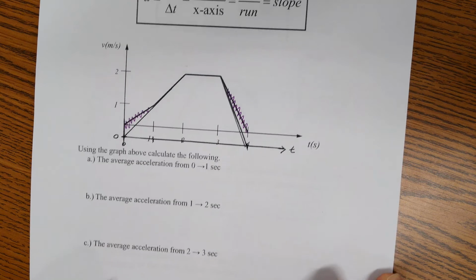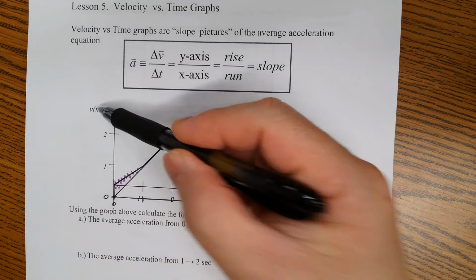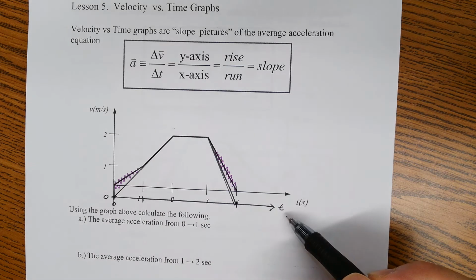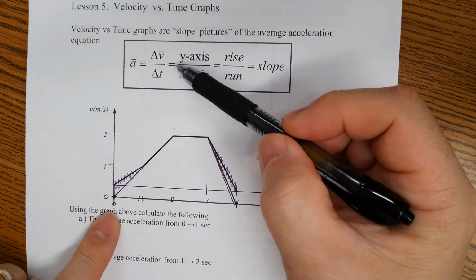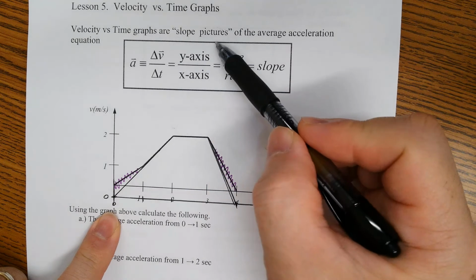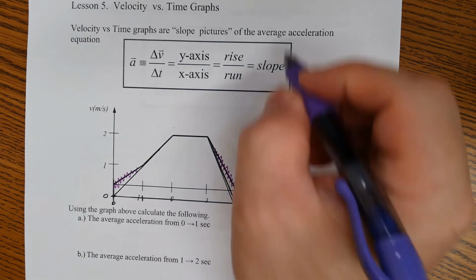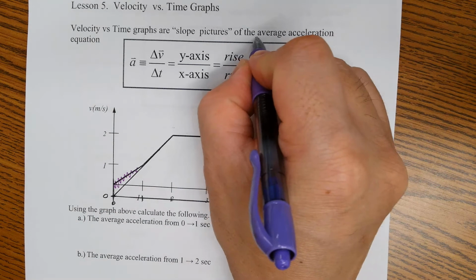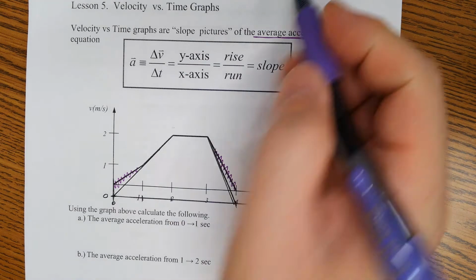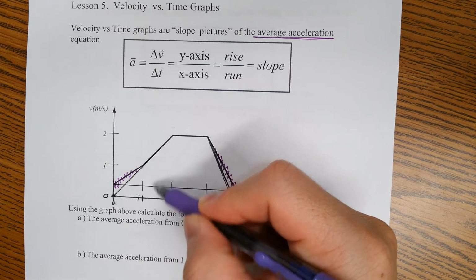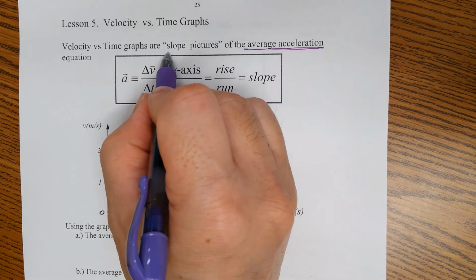Well, similarly, if we take the slope of the velocity versus time graph, the slope of that will give you the acceleration, okay? Now, if it is between two time intervals, then it is average acceleration. If it's at instantaneous time, at any time t, then it will be the instantaneous acceleration, okay?